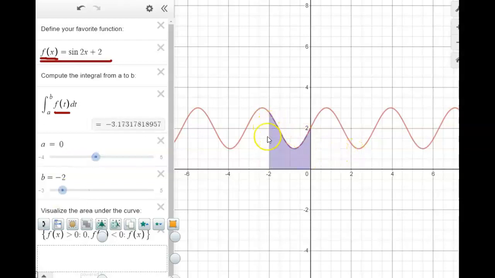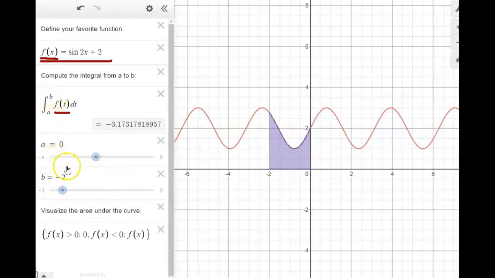And as you guys can see, we have the area function. Or we have, well, not an area function, but we just have an area from -2 to 0, and that's a fixed area. But what happens if I let a and b become variables? What happens if a and b are constantly changing?